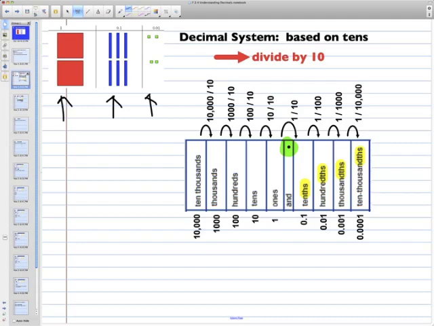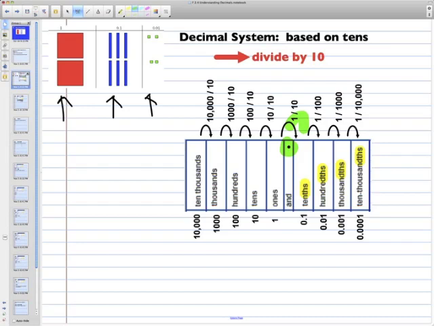You can see on the screen the place value chart, and you can see that the decimal separates the whole numbers on the left from the decimal place values on the right. As we move from the decimal point to the right, we're dividing the place value by 10 because tenths are 10 times smaller than the ones.